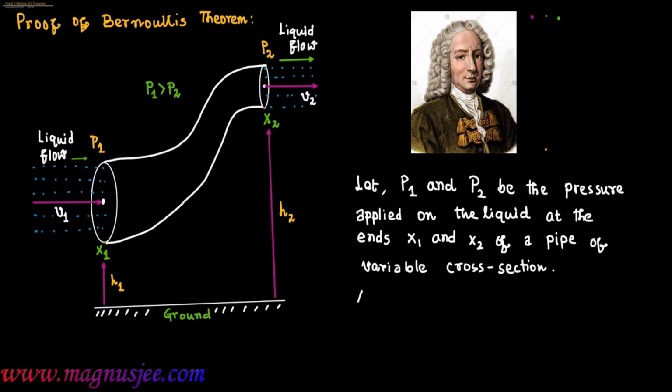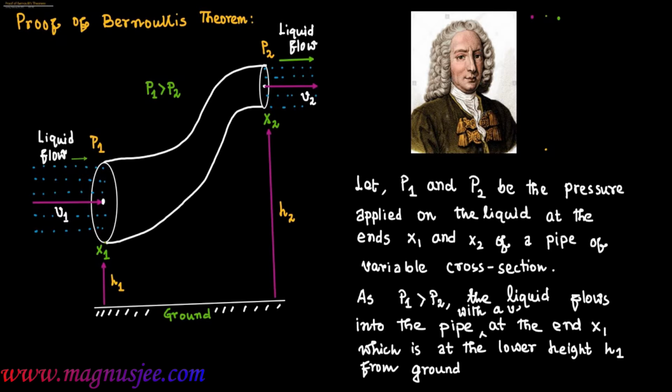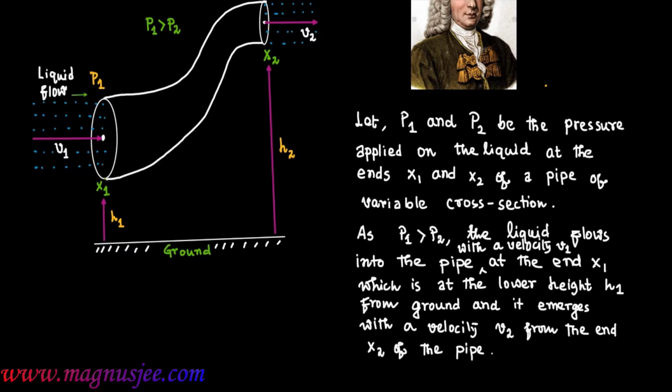As P1 is greater than P2, the liquid flows into the pipe at the end x1, which is at the lower height h1 from the ground. The liquid flows into the pipe with the velocity v1 at the end x1, and it emerges with the velocity v2 from the end x2 of the pipe.